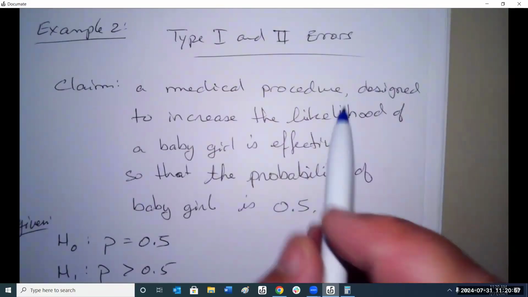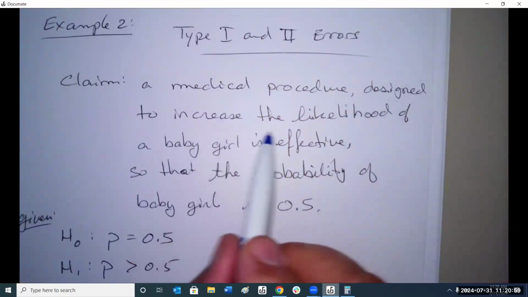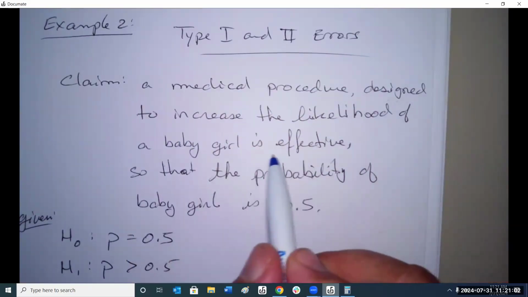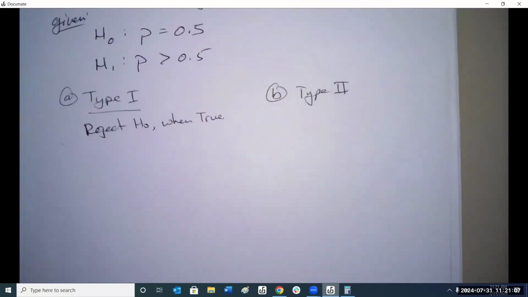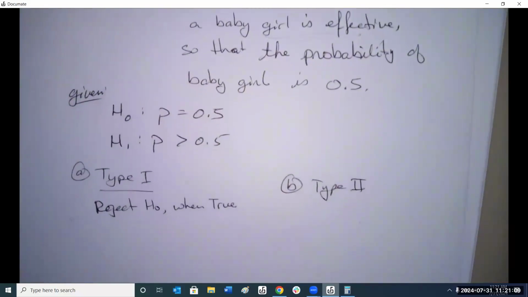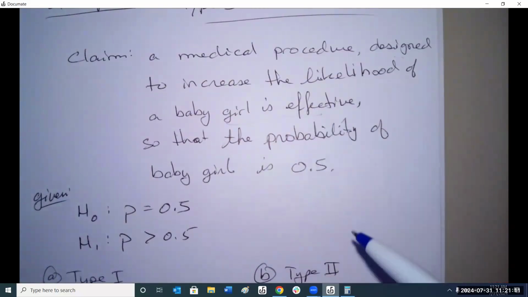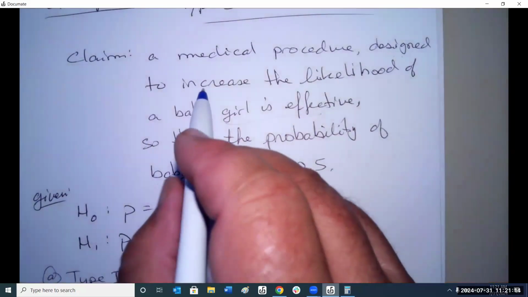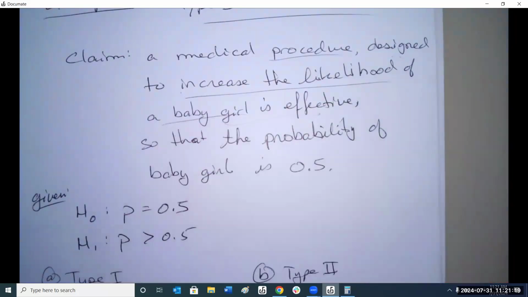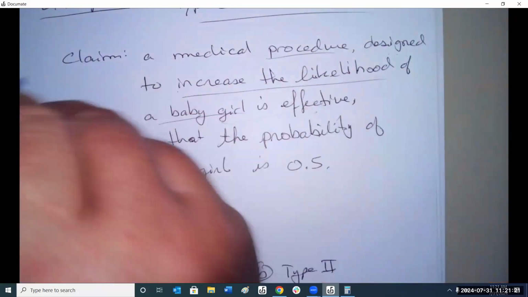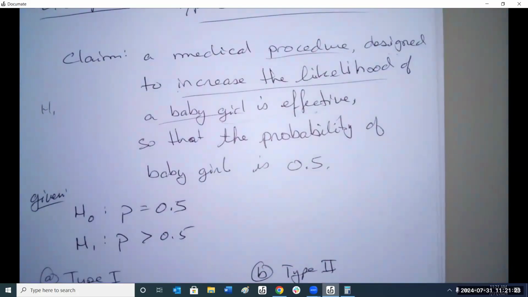Remember, you're looking at a medical procedure designed to increase the likelihood of a baby girl is effective. So what's the null hypothesis of this one? The alternate hypothesis is this procedure will increase the likelihood of a baby girl. That's H1. So H0 is there is no effect. You can't increase the likelihood.